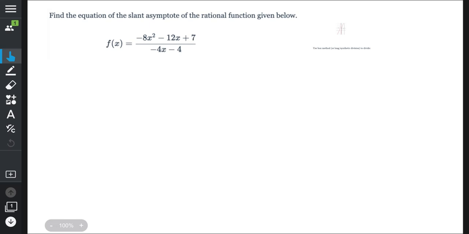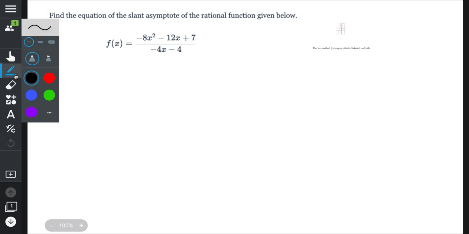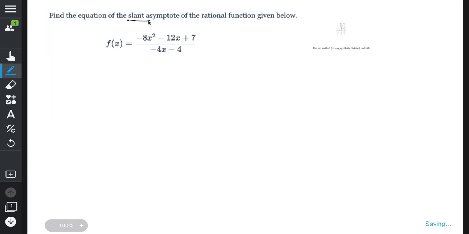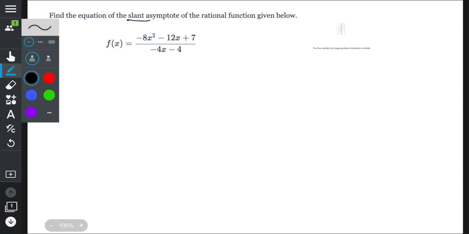Okay, in this video, we're going to talk about slant asymptotes and rational equations. Let's start with slant asymptotes. For this function, you're already told that there is a slant asymptote. It's in the question. But if you didn't know that, remember your analysis is first to look for the presence of a horizontal asymptote.